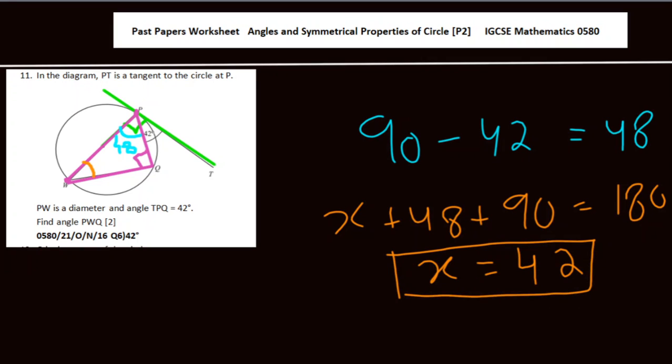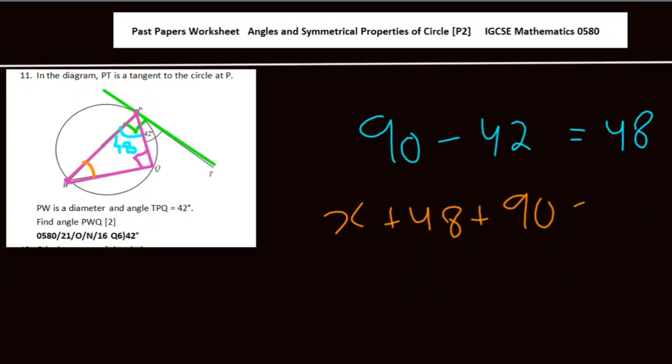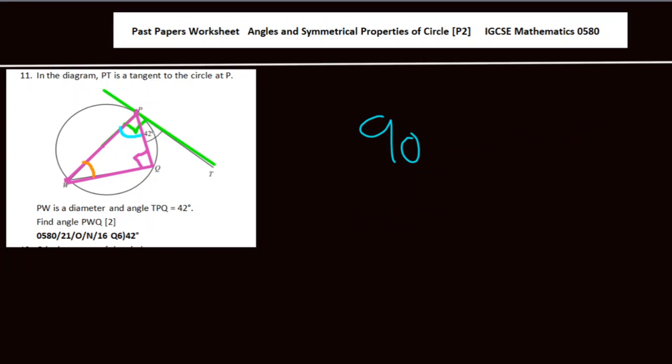Or there was actually no need to do this. There was actually one property that's being applied, which is the alternate segment theorem. So why don't we just use that directly? This theorem says that if we have a chord and a tangent forming an angle, here's the chord, here's the tangent, and an angle is being made between the two, then this angle will be equal to the angle in the alternate segment, which is this angle.